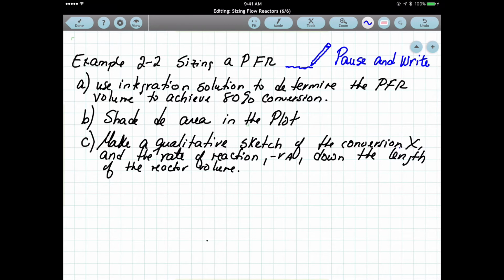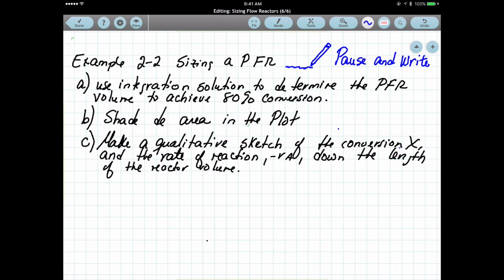The second part is to shade the area in the plot. We just mentioned that, so we're going to get through that with the graph. And then part C: make a qualitative sketch of the conversion X and the rate of reaction. Here, they just want us to imagine the length of the reactor volume, and then see what the profile of the rate of decomposition is, and another graph with the profile of conversion with changes in volume.